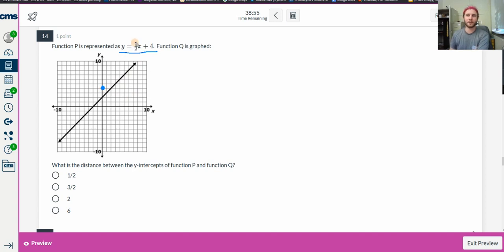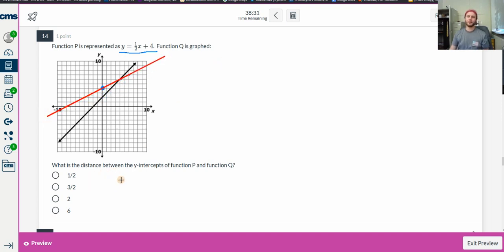So we go 1 up and 2 over. 1 up, 2 over. 1 up, 2 over. So that's right here, 1 up and 2 over. And we just kind of repeat that over and over again. And eventually we'll get a straight line. Something like that. There we go.